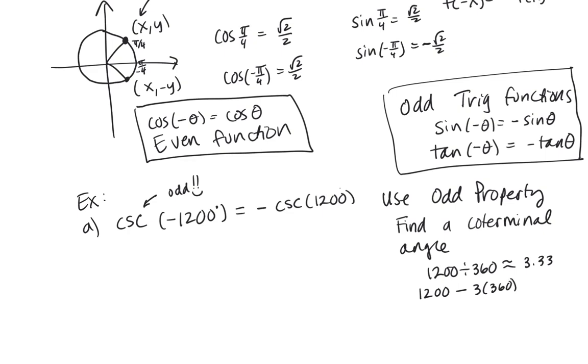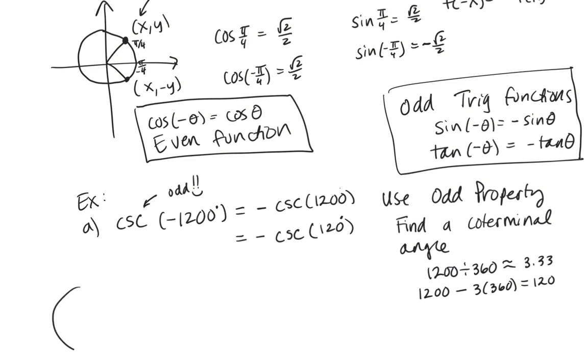So that gives us the coterminal angle, which is 120. Okay, so from the odd property, we found that we're going to have the negative cosecant of 1,200, but because of coterminal angles, 1,200 and 120 both have the same cosecant value.